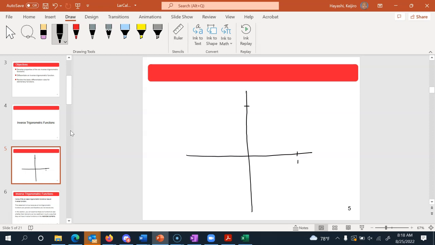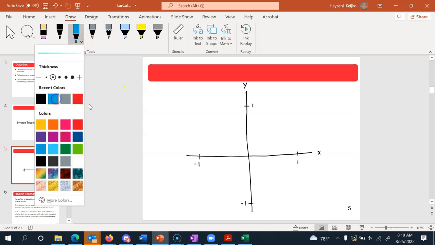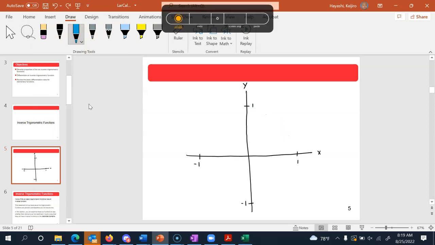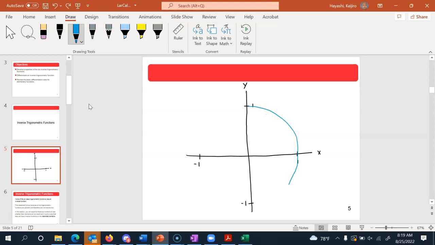It's got a radius of 1, so it's going to hit all these points. Just pretend that's a circle. Okay, so that's the unit circle.